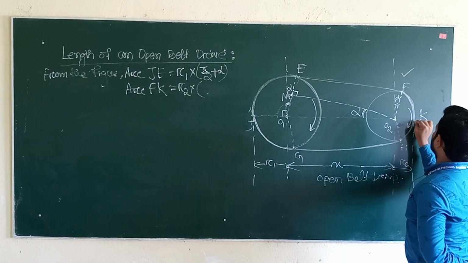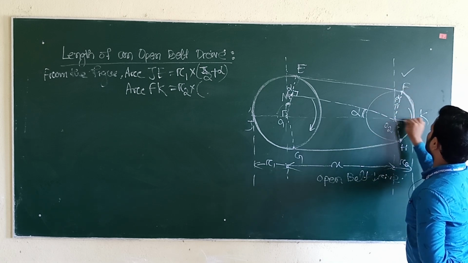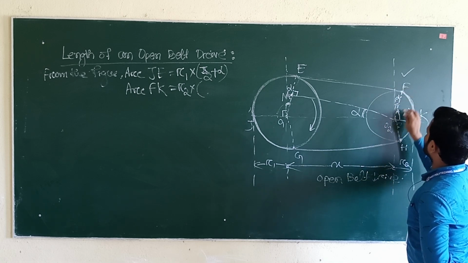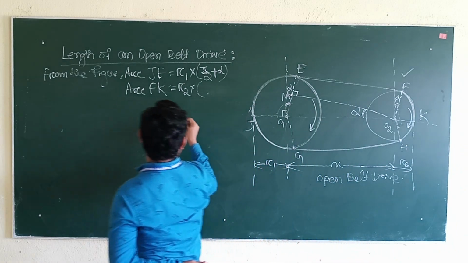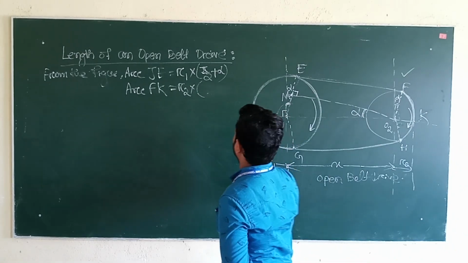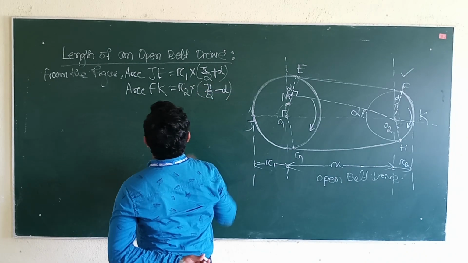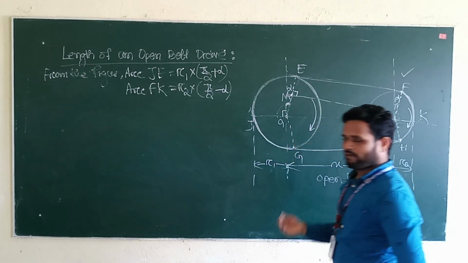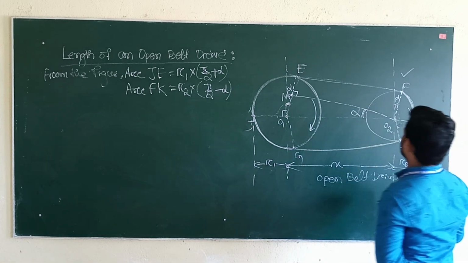The angle is from K to F. This is the total angle 90 or pi by 2, and this is the angle alpha. So if we subtract, 90 minus alpha, we will get the angle FO2K, that is pi by 2 minus alpha. So we have found the two values, that is arc JE and arc FK.